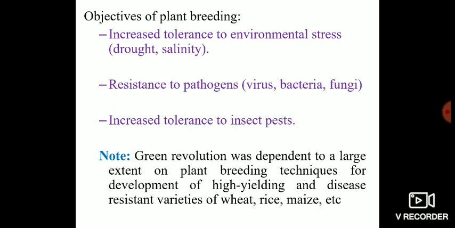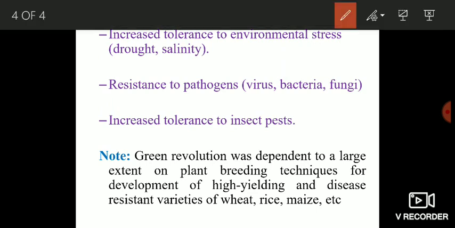Using plant breeding techniques, we intend to get plant varieties that can live in drought and salinity conditions. That means you are getting plant varieties which are better adapted to drought and salinity. And also resistance to pathogens.